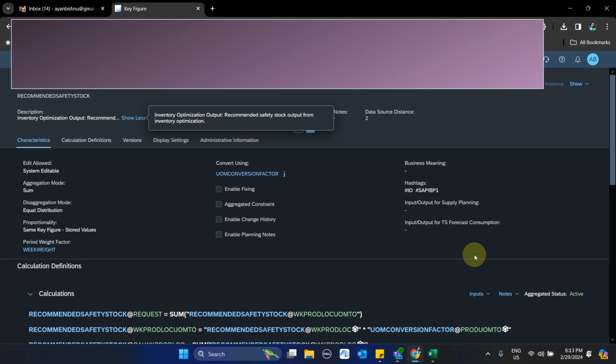We will also cover certain aspects of how to configure an inventory optimization profile and what the outputs of these profiles are.